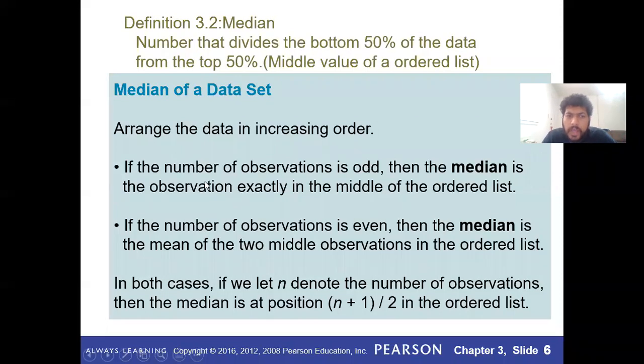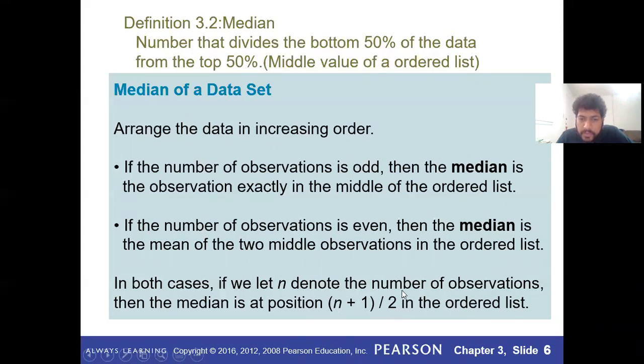If you have an odd number of observations, the median is exactly the middle number. If you have an even number of observations, the median is the middle value of the ordered list, which you will see later.